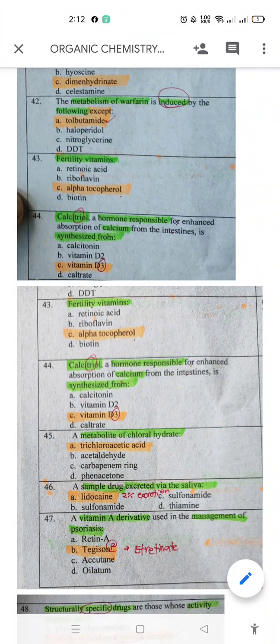Your Accutane is the brand name of isotretinoin. Your Retin A is the brand name of tretinoin, retinoic acid.